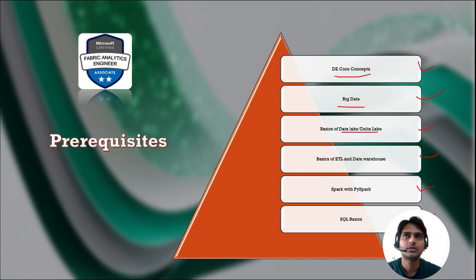So instead of putting in 1 month, you need to put in 3 months of effort, right? But if you are familiar with at least 4 to 5 of the six concepts, it will become easier and you can try to attempt the certification in 1 or 2 months, right? So that's the expectation here.